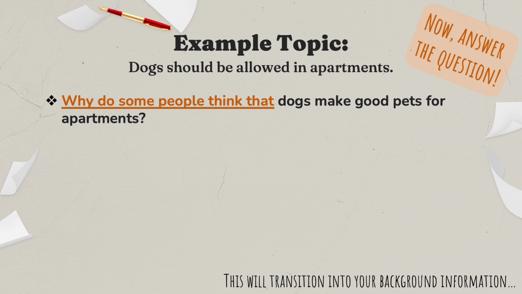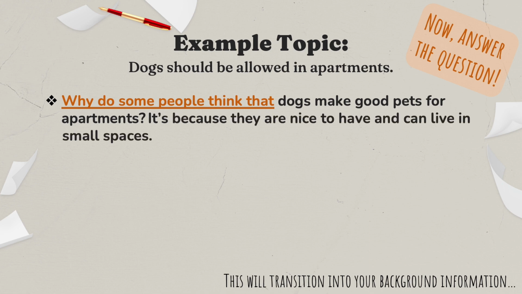For the last question, you could say, it's because they are nice to have and can live in small spaces. So again, remember, if you ask a question, you have to answer your own question.